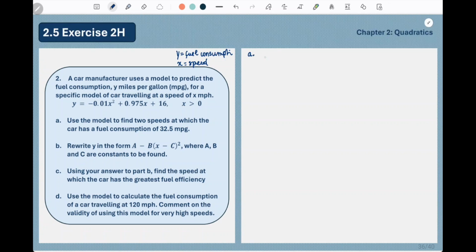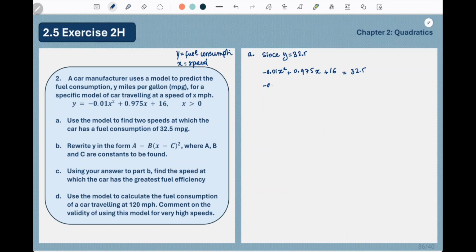Let's say, A. So since y is equal to 32.5, then it follows that minus 0.01x squared plus 0.975x plus 16 equals 32.5. Here we're just replacing y by the formula and we're solving.